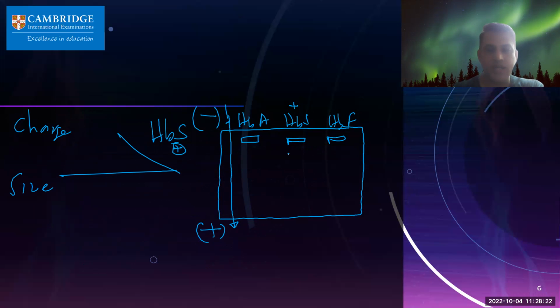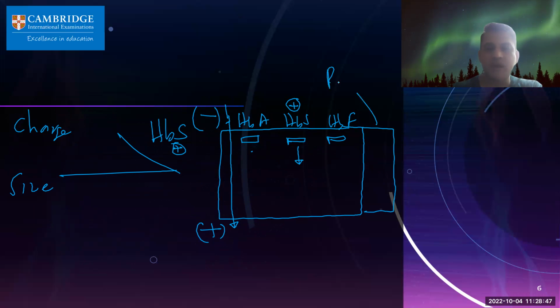So hemoglobin S can run less distance because of that positive charge. Its movement is slow because it cannot move comfortably from the negative end to the positive end. So hemoglobin S distance traveled is very little, but hemoglobin A and hemoglobin F can travel.